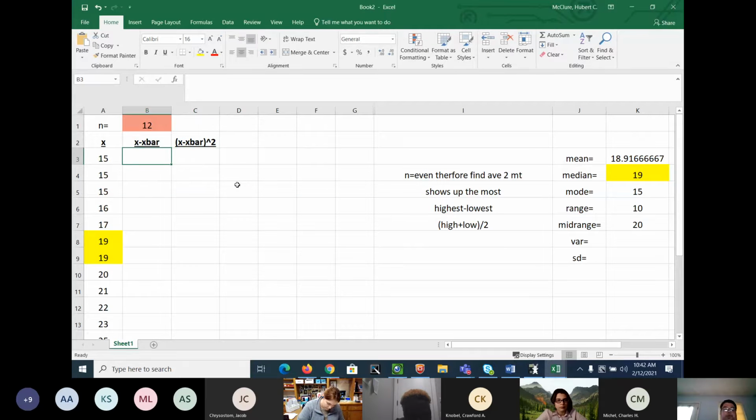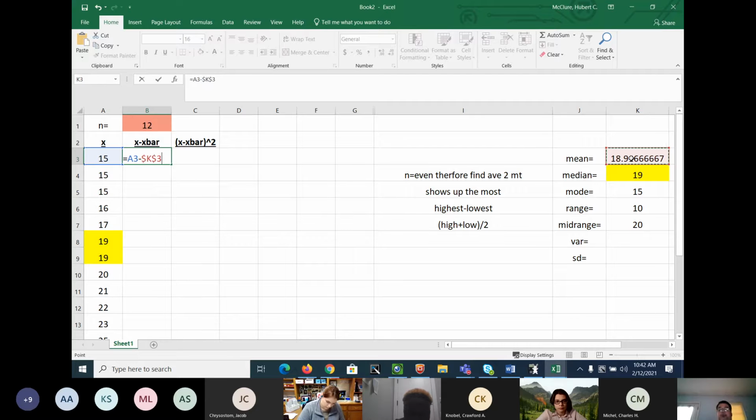All right, I'm going to do it for you. Equals, click on 15, minus this number right here. Now, if you are used to using Excel, as soon as you click on that average, you hit F4 for lock.